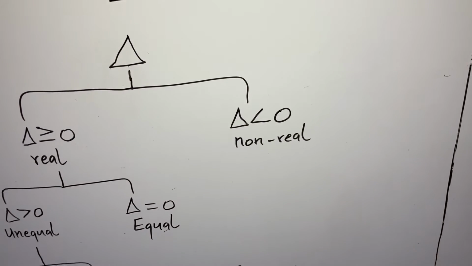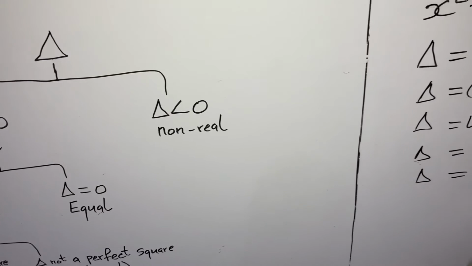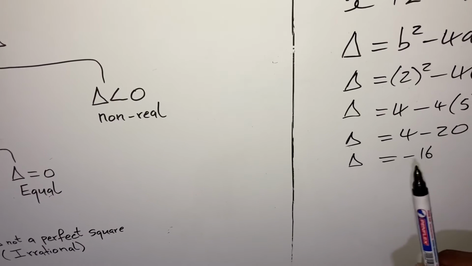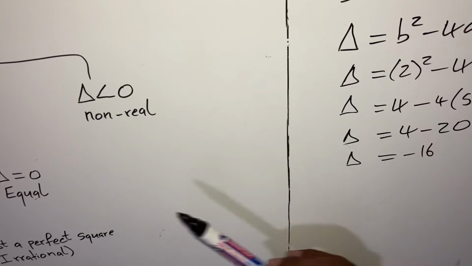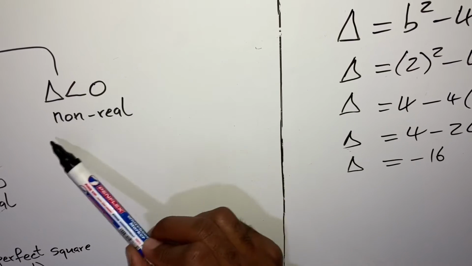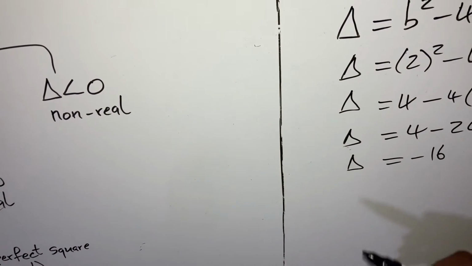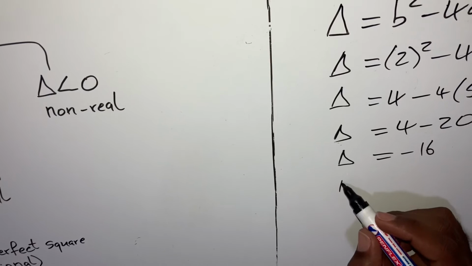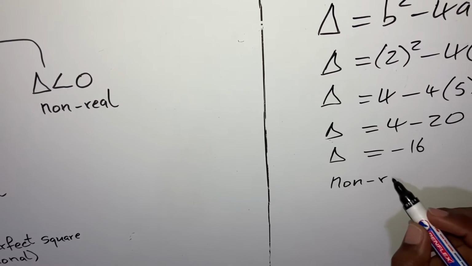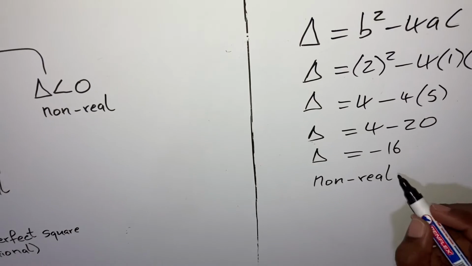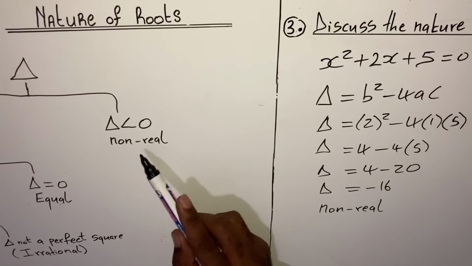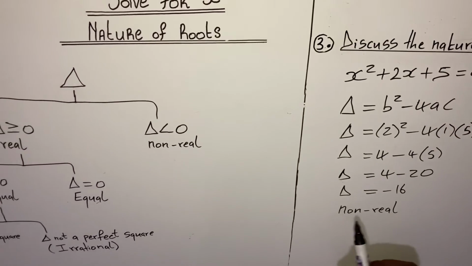So I found that my delta is negative 16, meaning that my delta is less than 0. And when your delta is less than 0, there's only one comment where you'll say the roots are non-real. And when your roots are non-real, there's no continuation. So that's the only comment you leave, that the roots are non-real.